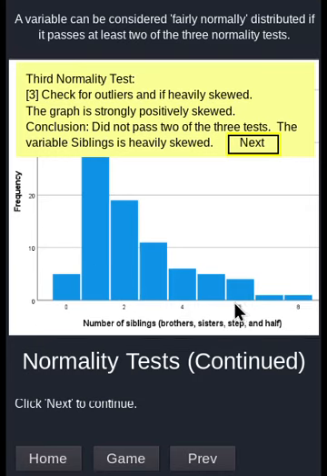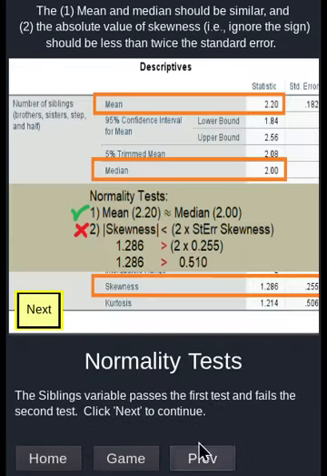Now, why these three tests? Well, if the mean and median are really different, then again, it's going to be important to share the median. The skewness can give you a good idea if the distribution is skewed, but as the sample size increases, even a really small amount of skewness would suddenly get flagged as the distribution being skewed, but that skewness might be so minute as not to be very meaningful.